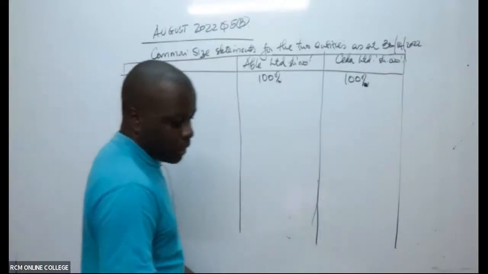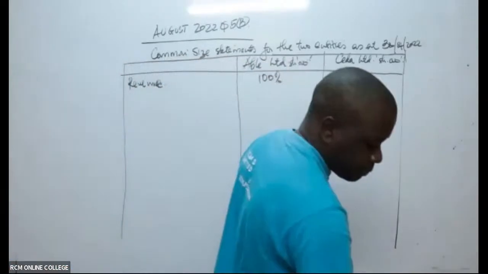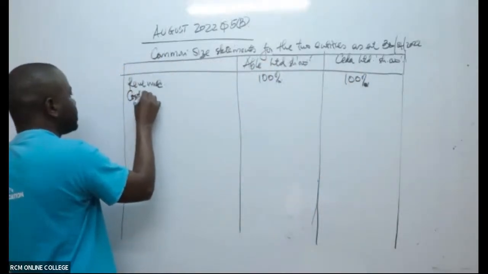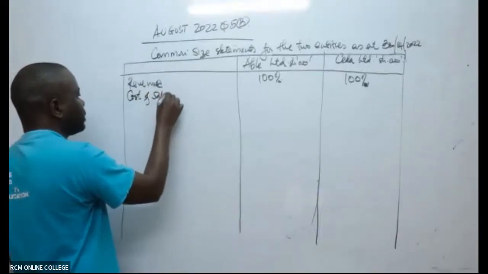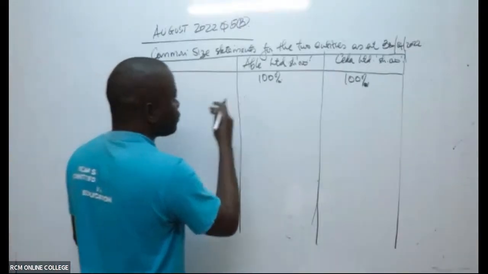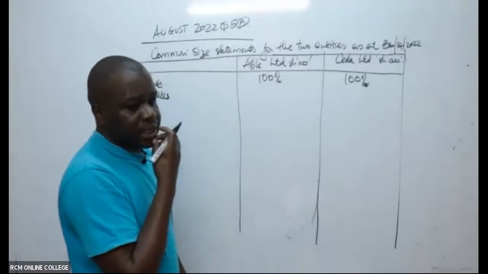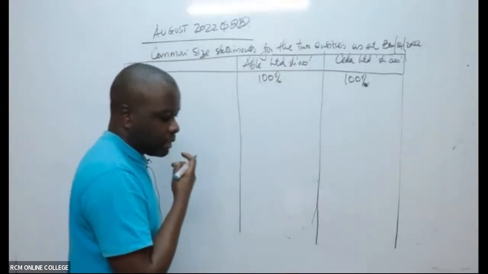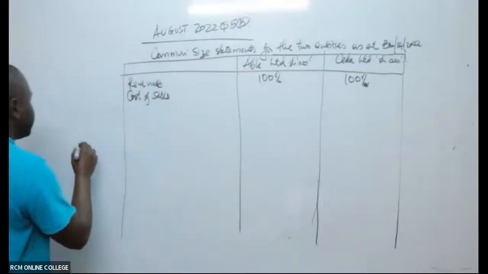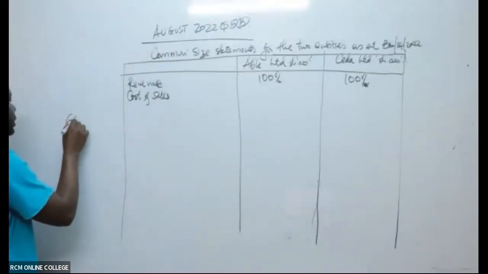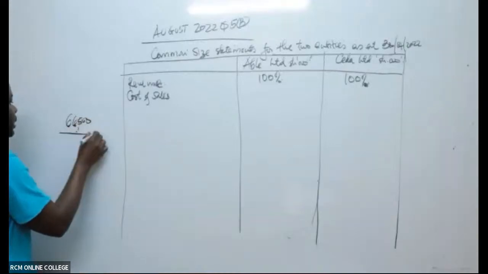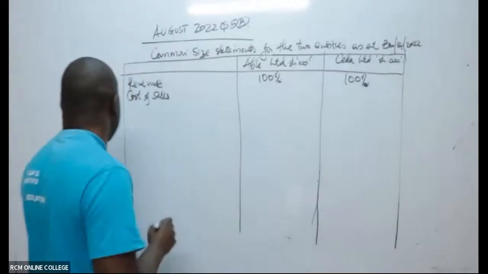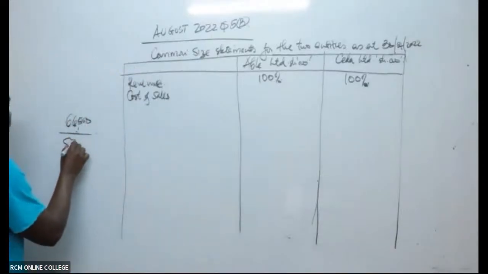So we have our cost of sales. You can get the cost of sales in terms of percentage. In terms of percentage, it will be how much? You do your computation: 66,500 divided by the sales, which is the base, that is 87,500.